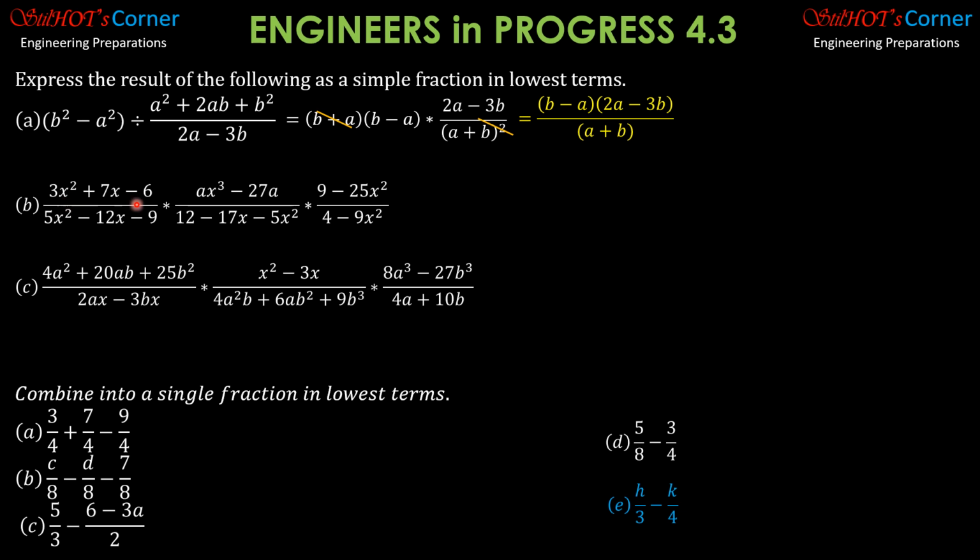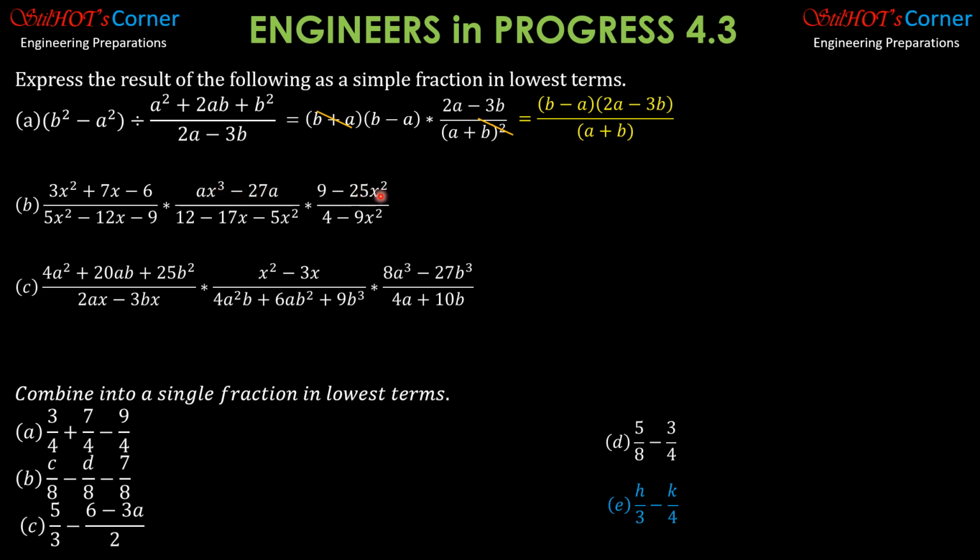For this part, we have a quadratic, and we have to factor this by trial and error, this one by trial and error. Here, the common factor is a, so we factor out a first, then we have x cubed minus 27, which is x cubed minus 3 cubed, difference of two cubes, and I hope you already know the way of factoring difference of two cubes.